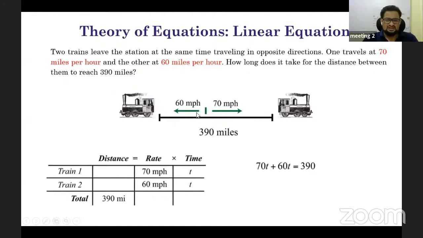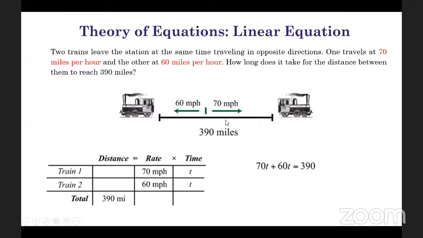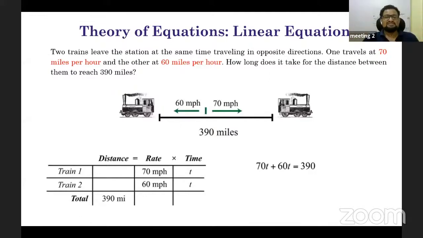This one is moving in this direction, and this one in the other direction. They start from the same station, and we want the time when the distance between the two trains reaches 390 miles. So 390 miles is fixed. Now it is a very simple linear algebraic equation.